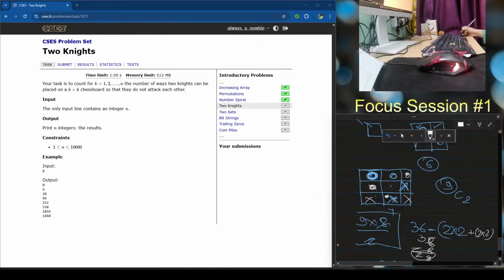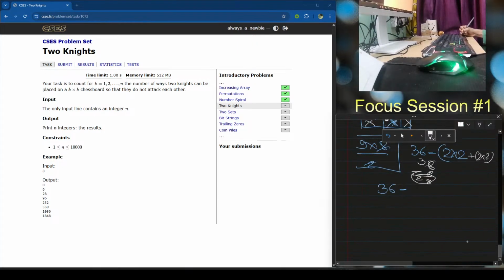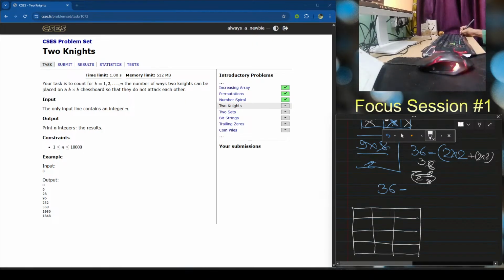Okay. So can I generalize the not valid in this? So this is 2 plus 2, 2 plus 2. Let's just take a 4 cross 4 chessboard. Maybe this will give me a clear example. So if it is a 4 cross 4 chessboard, then if I put my one knight here, what are the not valid positions?